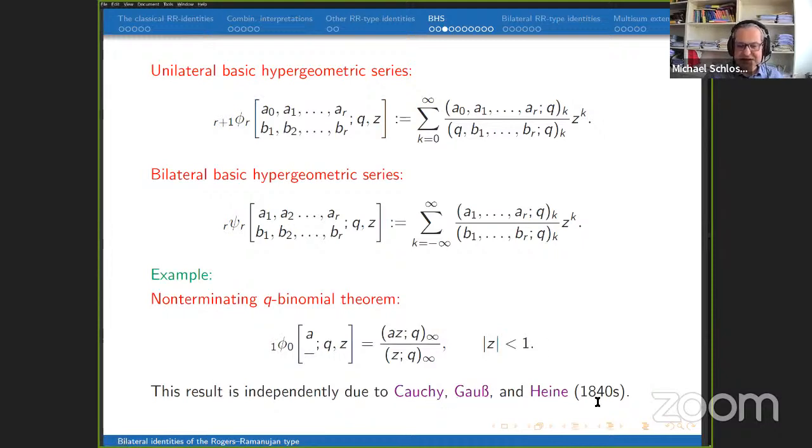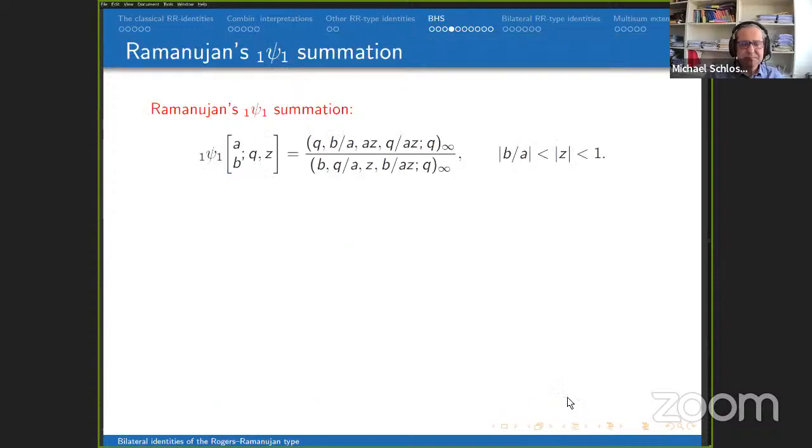And this was discovered independently, more or less, by Cauchy, Gauss, and Heine in the 1840s, and Heine then did a systematic search and looked for more identities.